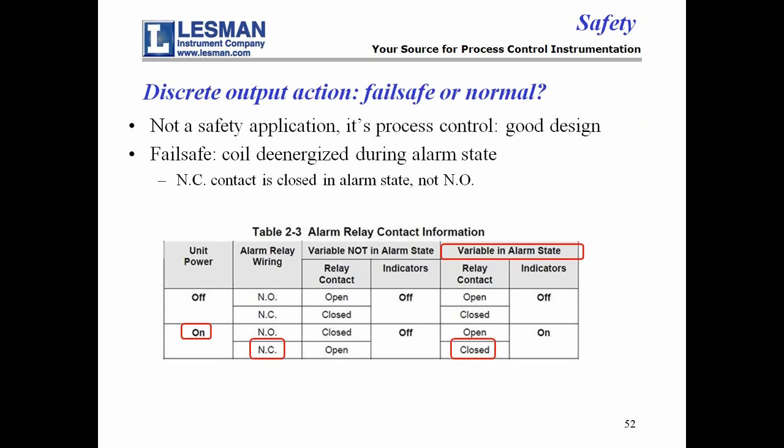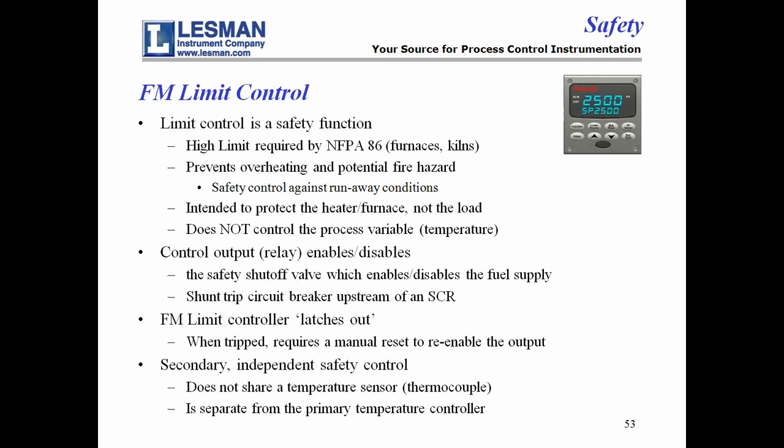At one end of safety, there's something like the FM limit control. The FM limit control is out there on all these boilers and furnaces and kilns. It's required by NFPA 86. And by the way, with these standards, there generally aren't standards policemen running around writing tickets for this kind of stuff.